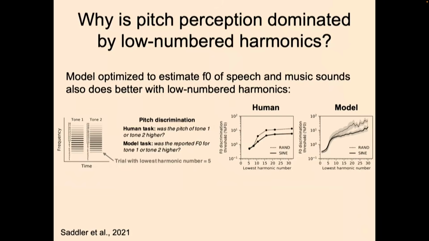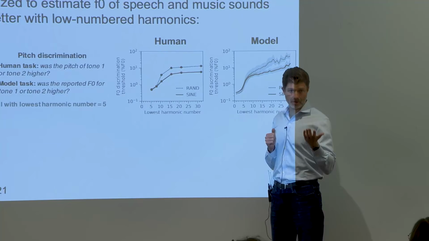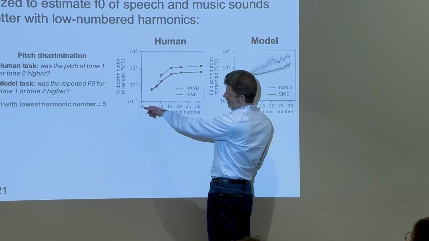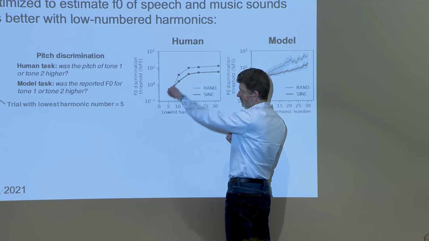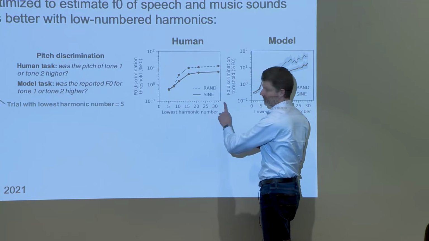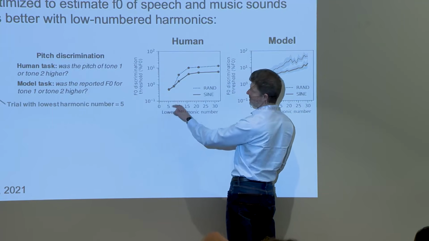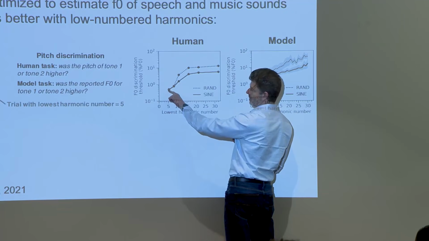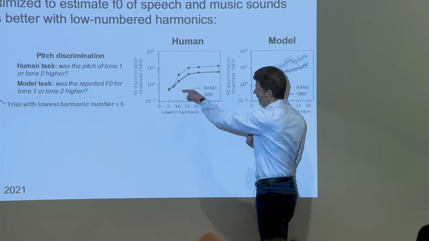Okay. So this is a results graph from human pitch perception that just summarizes what we saw earlier. So what's being plotted here is the F0 discrimination threshold, so that's your pitch discrimination threshold. So down is better, up is worse, as a function of the lowest harmonic number. Okay? And so what this shows is that when the lowest harmonic number is low, the discrimination thresholds are pretty good, i.e. small, and then as the lowest harmonic number increases, they get worse.